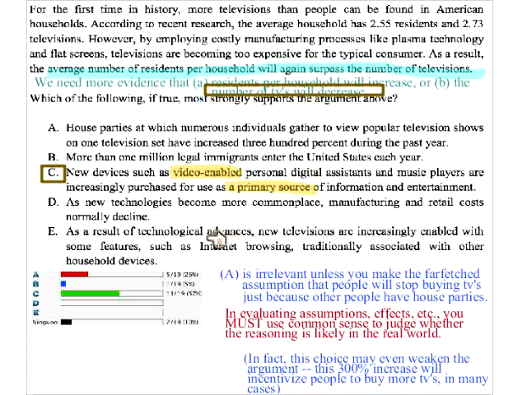In fact, E would work against the argument. Because if TVs have things that people normally associate with other devices, then this makes it likely that people will purchase TVs instead of buying those devices. So E will probably make the number of TVs increase.